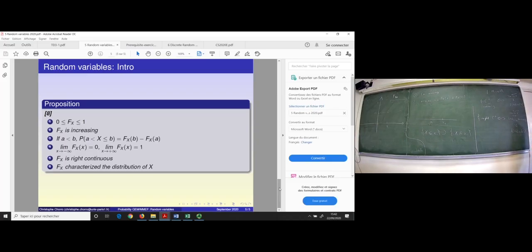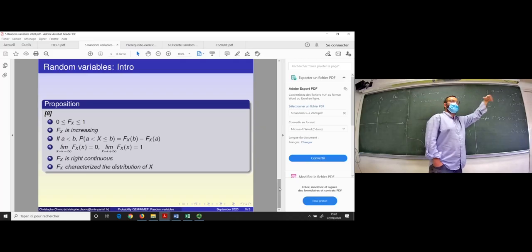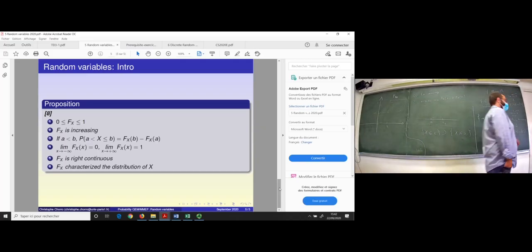It's totally equivalent. So I will finish on this concerning the course for today. And the objective of the next six or seven sessions will be to study more deeply the case of what we call discrete and continuous random variables.